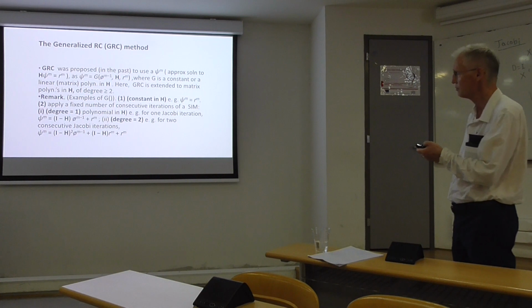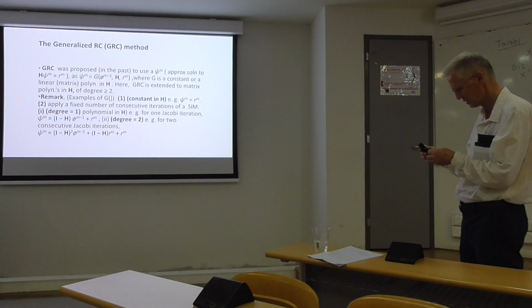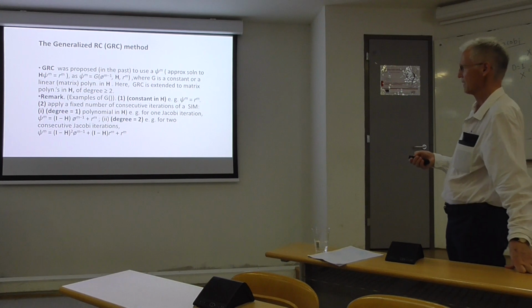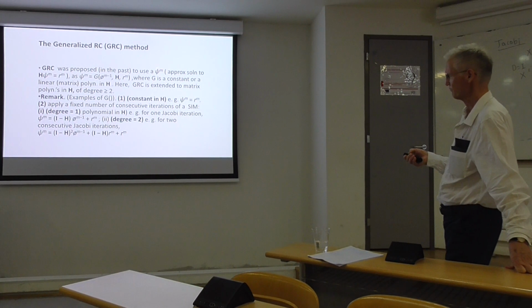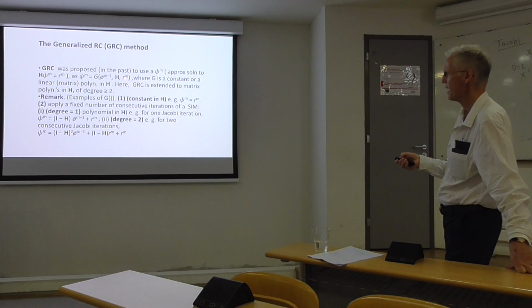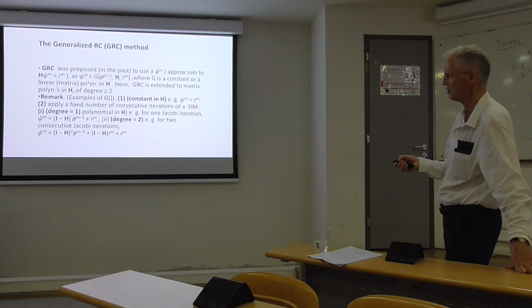Now, my co-author, when we started, had tried to extend this to the so-called generalized Gram-Schmidt. He took as an approximate solution to the preconditioning step, to the inner loop that is, a function g based on the previous outer loop direction step, the matrix and the residual vector m, where the g function is either linear or constant matrix polynomial.